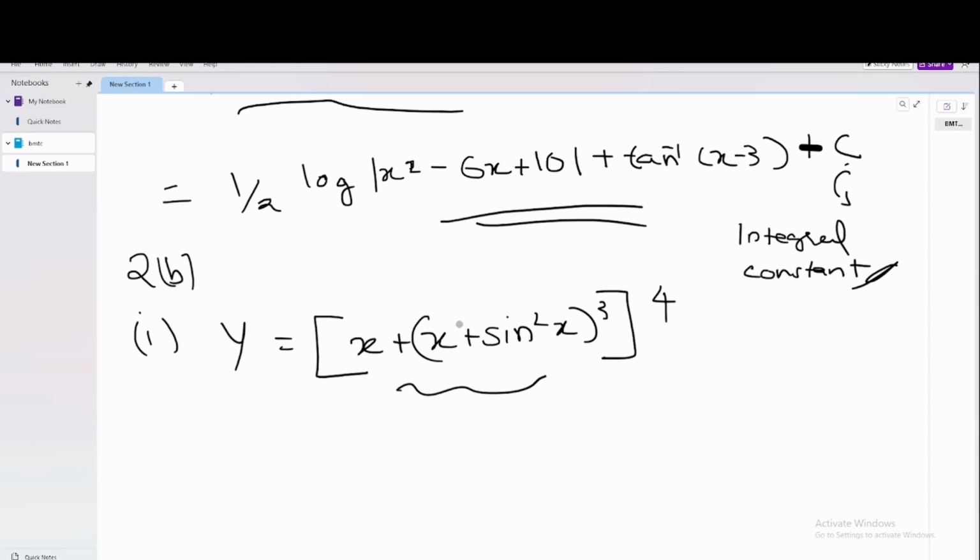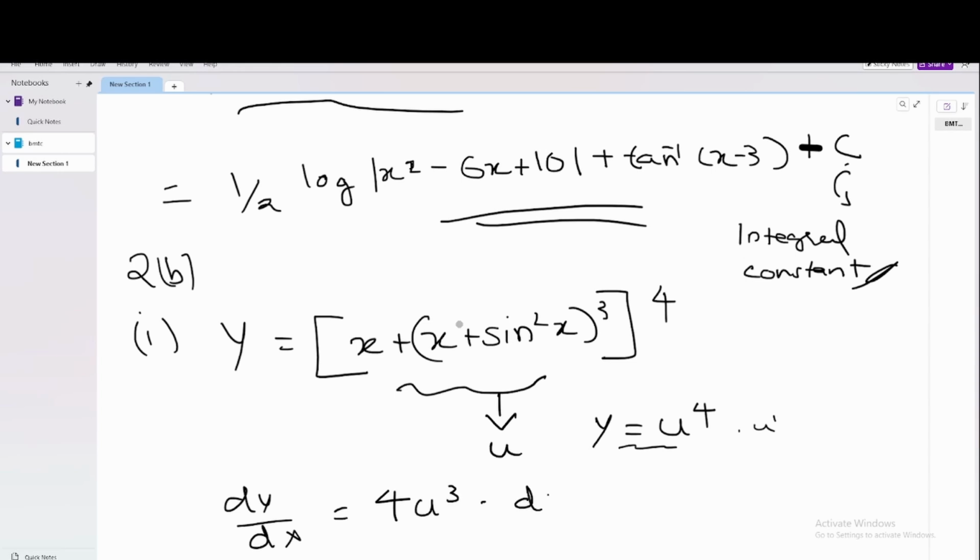Here we can use the chain rule. Let's take this innermost function as u, then y becomes u raised to 4. So by chain rule we know that dy by dx is equal to the derivative of y into the derivative of u, that is 4u cube into du by dx.